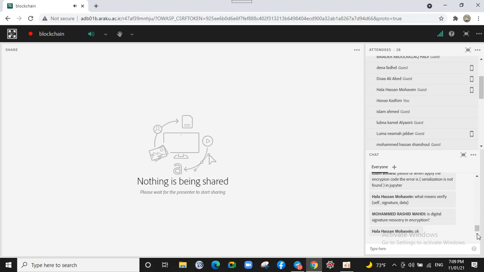Digital signature is necessary not for encryption, but for authority, for proving the authority, for showing that it's me, to prove that it's me. Encryption means that we want to hide a message from others.